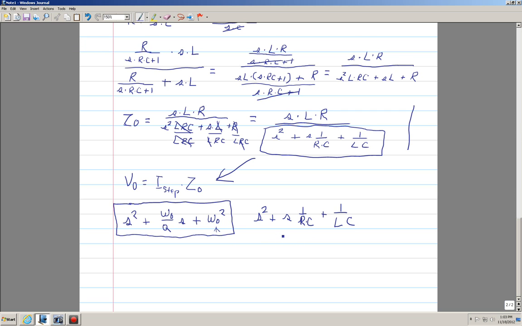Just keep in mind that this term is omega naught over Q, and this term is omega naught squared. Let me see if I can copy this.